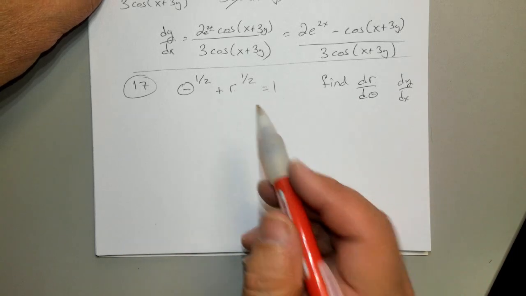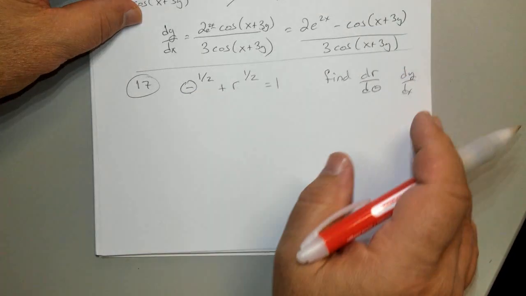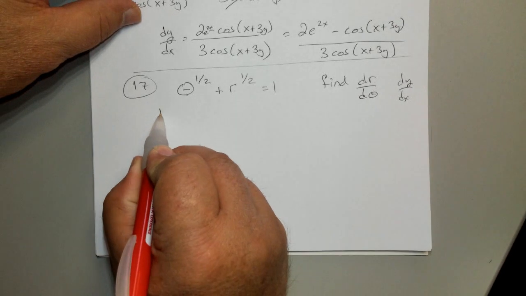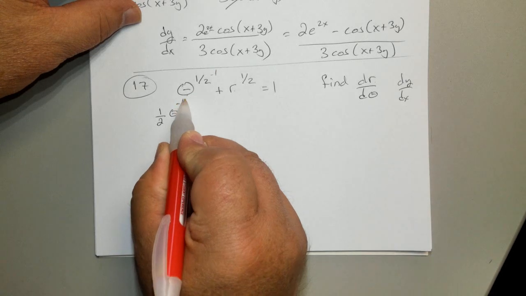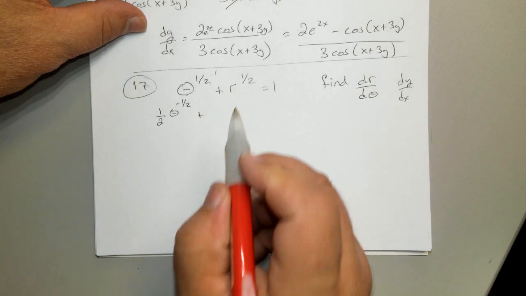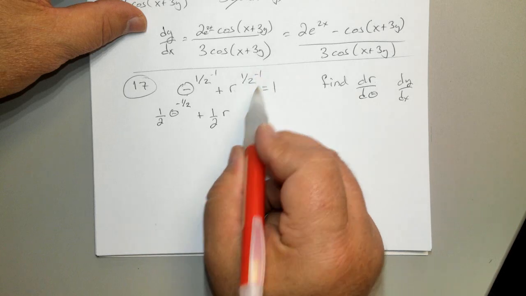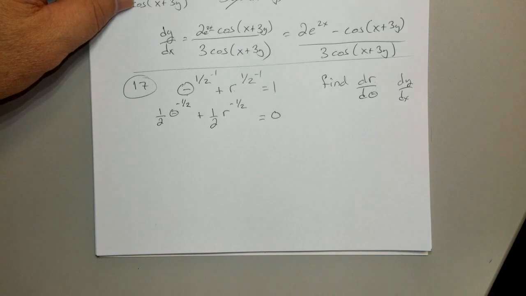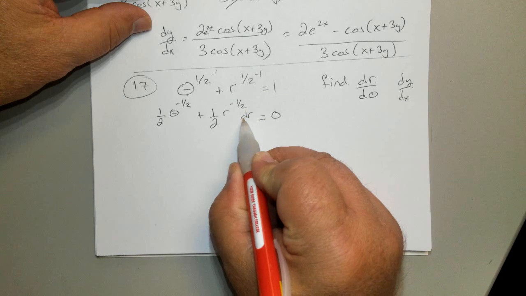Dr d theta. That's what we're looking for. So what's the derivative of theta to the power 1/2? And subtract 1, which makes it negative 1/2. Same thing with the r. And subtract 1, which is 2 over 2, makes it negative 1/2. Derivative of 1 is 0. And I can put dr d theta here.